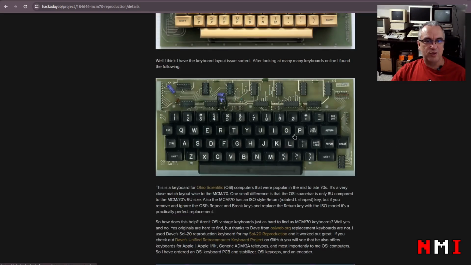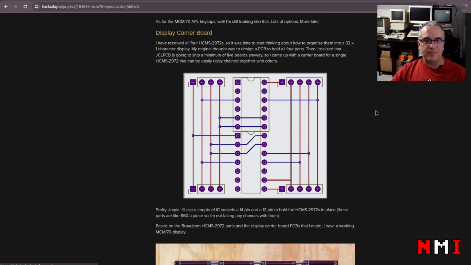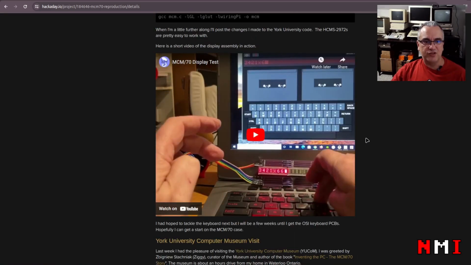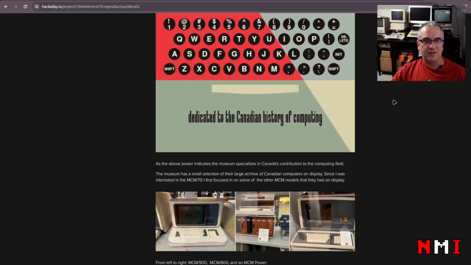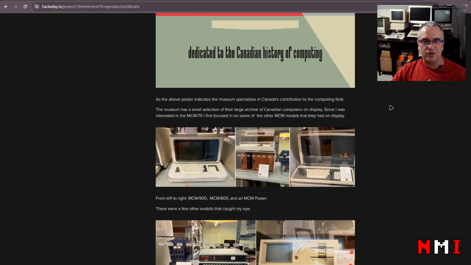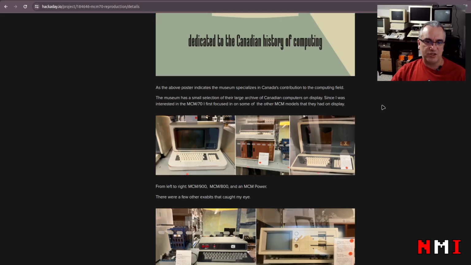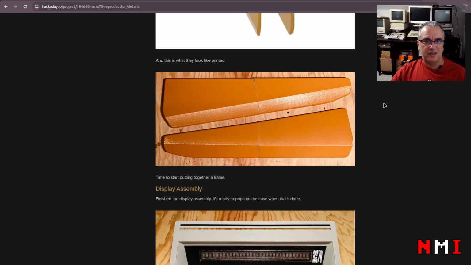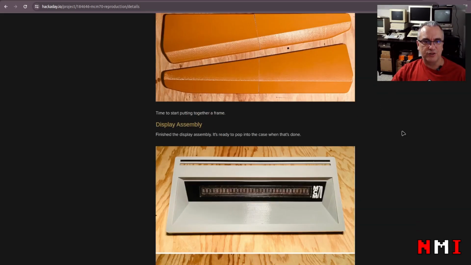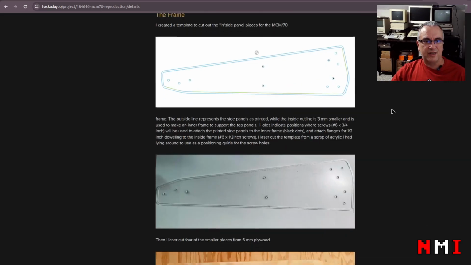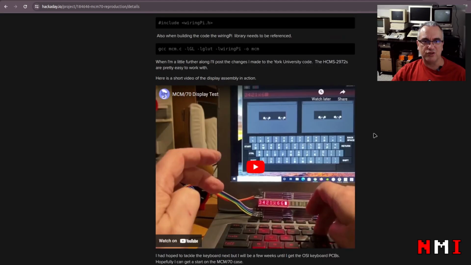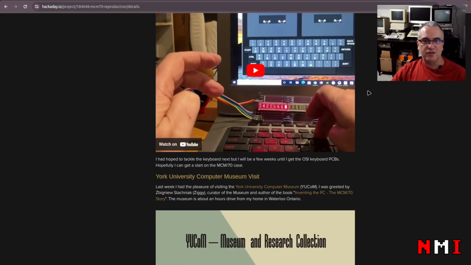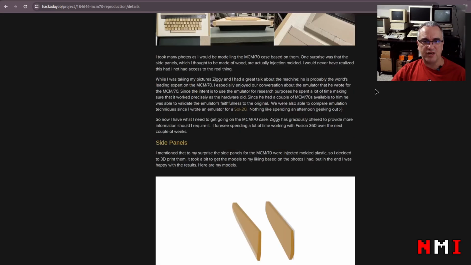So he built a keyboard. He used the emulator. Here you can see it all based on the York material. This is the enclosure, right? The display. He obviously ended up having to use a different display because the original display is very hard to find and operates on very high voltage.